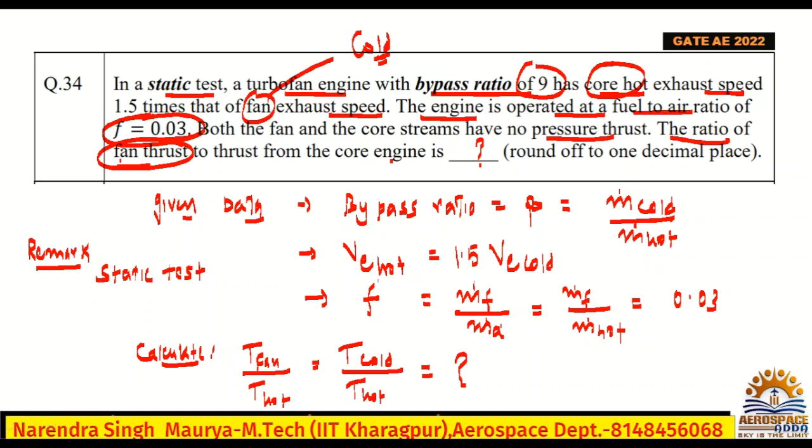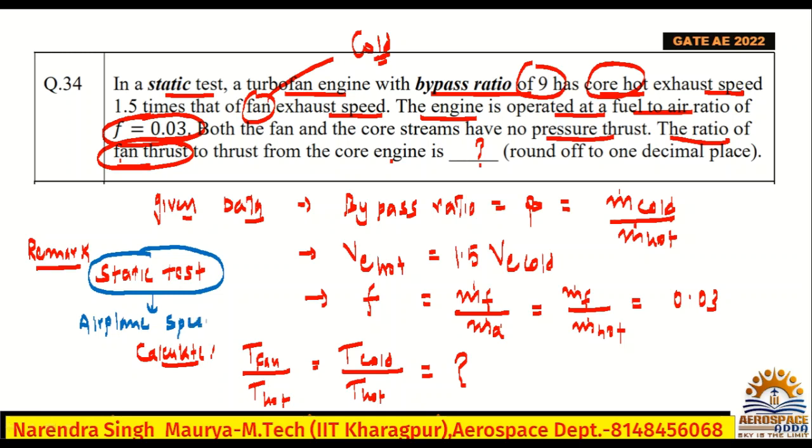Bypass ratio they have given, but in a static test the airplane speed will be 0. That's the meaning of it. The airplane speed, which is nothing but VA, will be 0. This is the remark point. That's the reason they have given a static test. So that should be very clear.